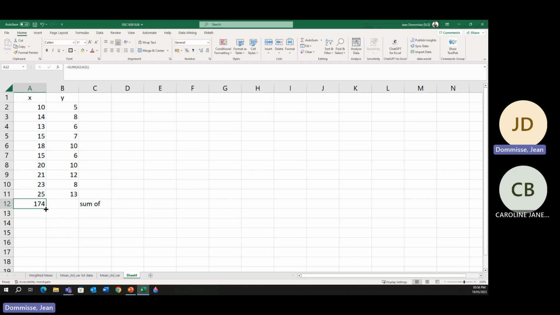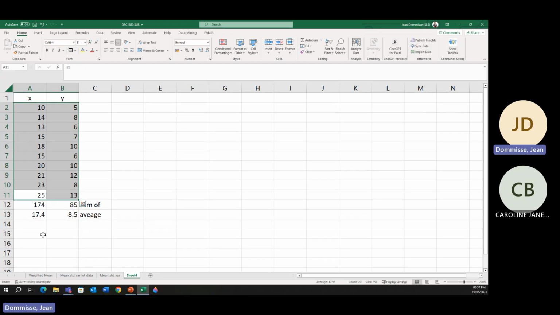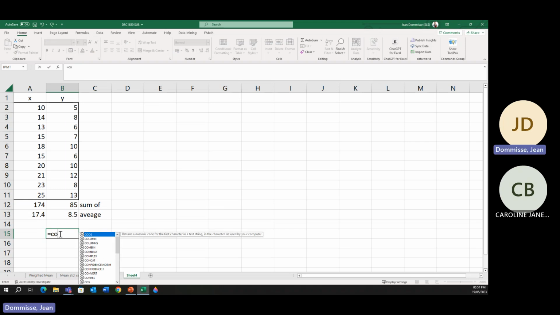You can do it for Y as well. Other things that they will ask you to do is to say, but what's the average? You can get a lot of other functions as well. But what I would just do is use the correlation formula.